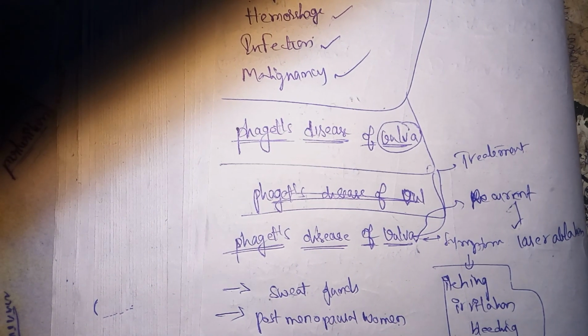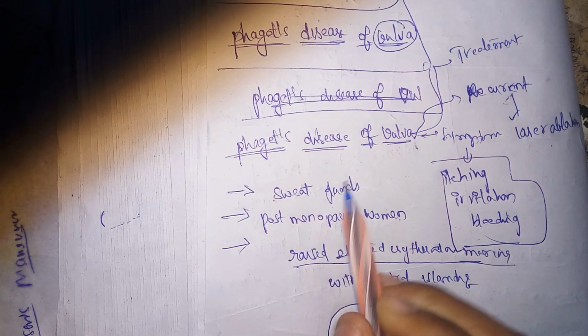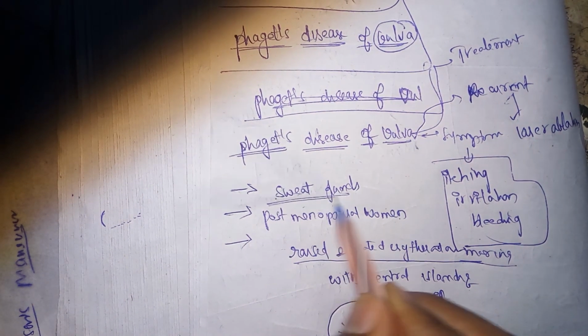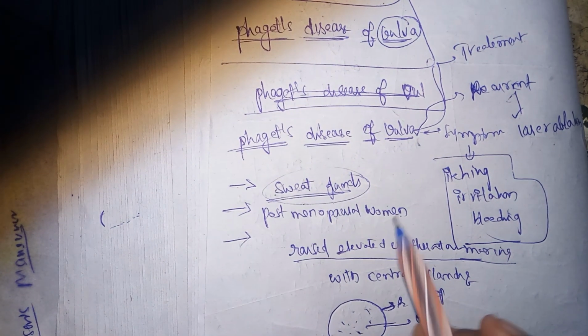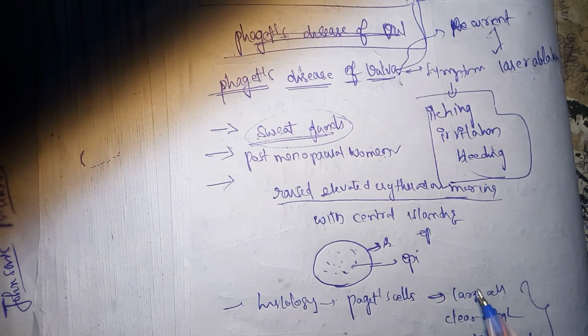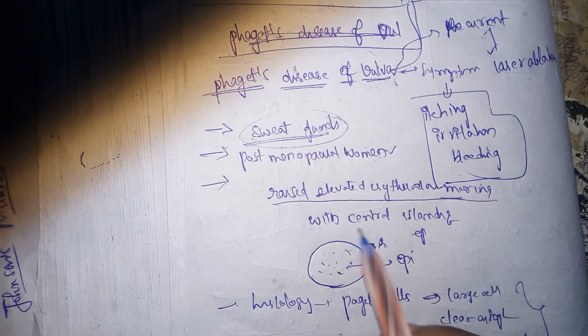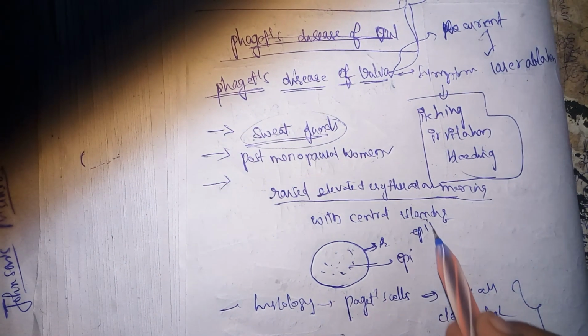So this is something about Paget disease. As I told you, it is a neoplasia involving the sweat glands of the vulva. This is most commonly seen in postmenopausal women. In this disease, you will see raised, elevated erythematous margins with central islands of epithelium.